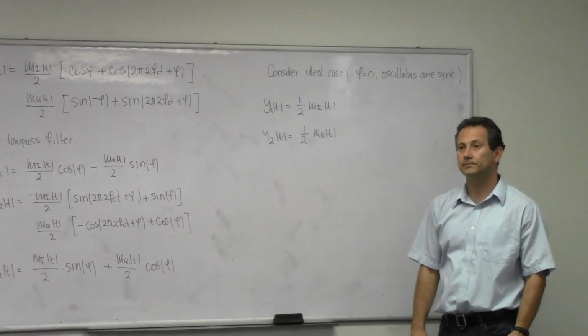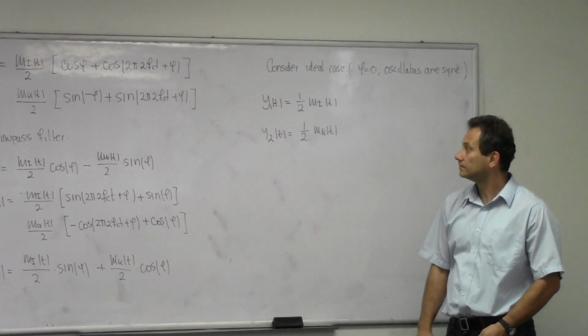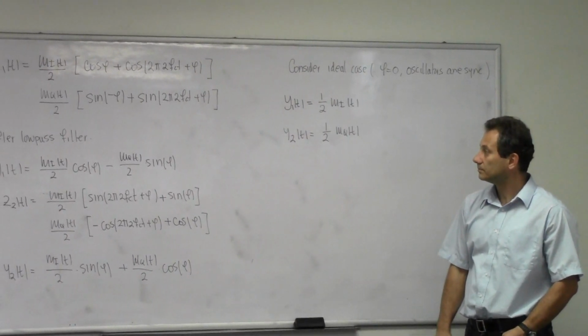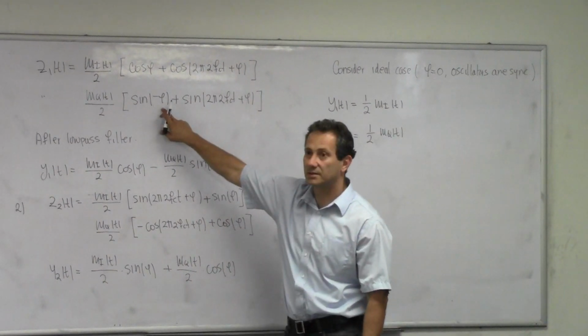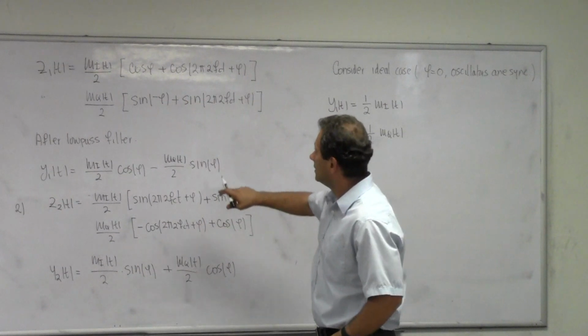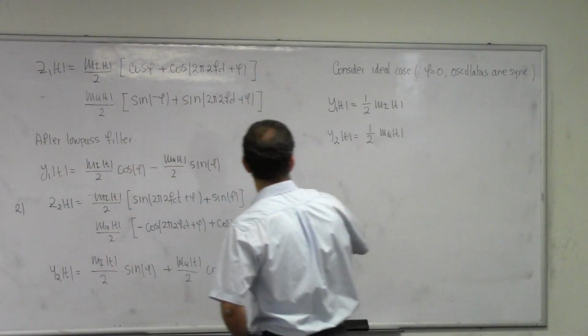Go ahead. For z1 of t, what causes the phi and the sine to be negative? Here, why is it minus? Yes, sir. That's this guy, sine times cosine. Let me just put it here.